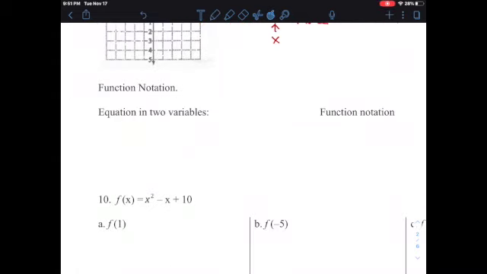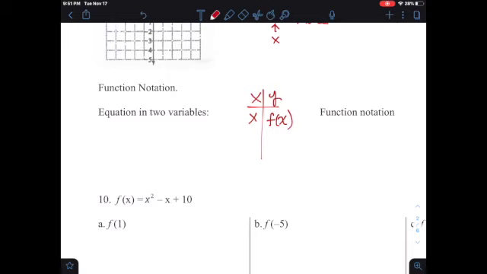Next thing, we're going to talk about function notation. And I want to just do a comparison between equation in 2 variables and function notation so you understand what I'm talking about at the very beginning when I give you this chart and saying, hey guys, they really mean the same thing. This is x, this is just f of x. That's just the way we write it.